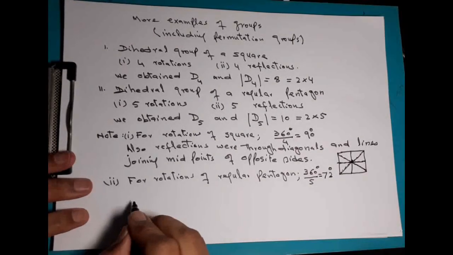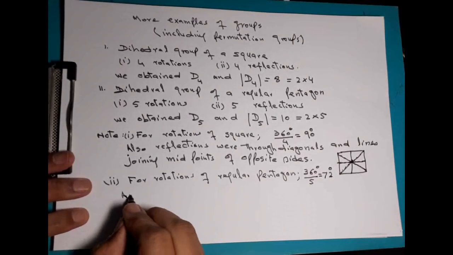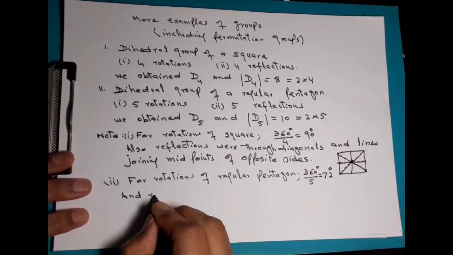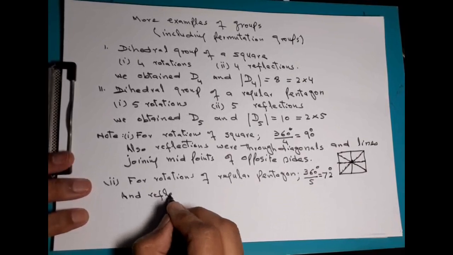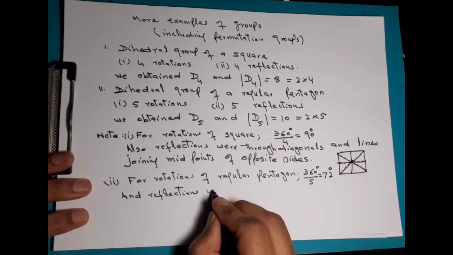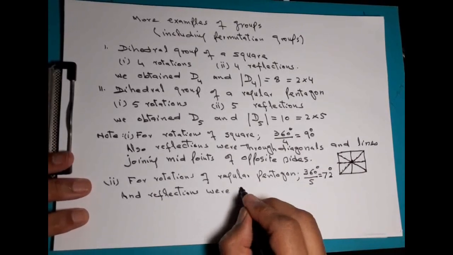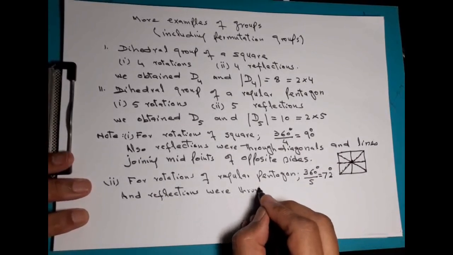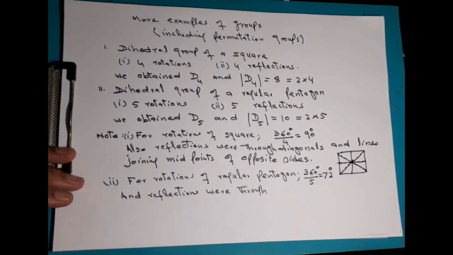And the reflections were through the lines joining each vertex to the midpoint of the opposite side.